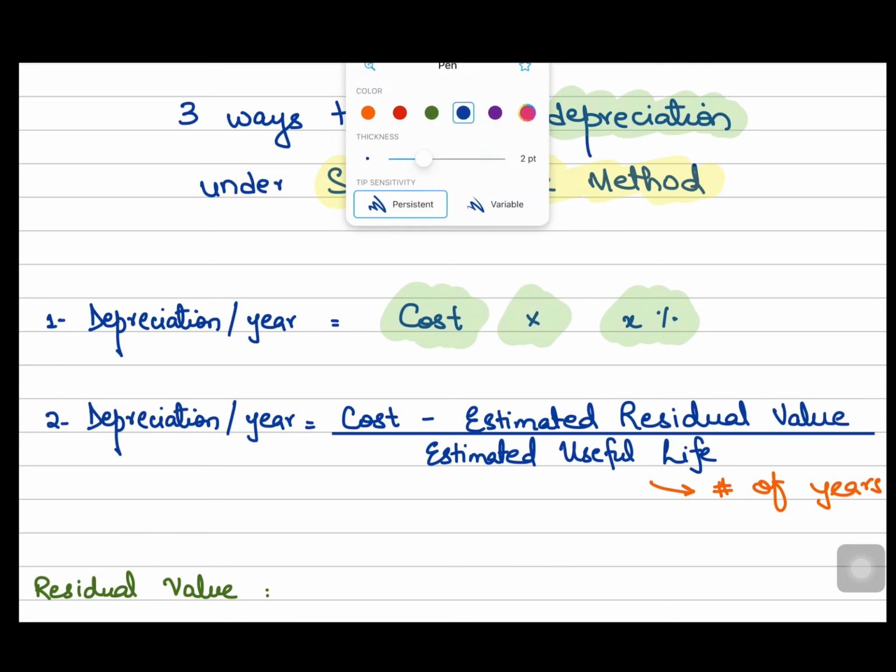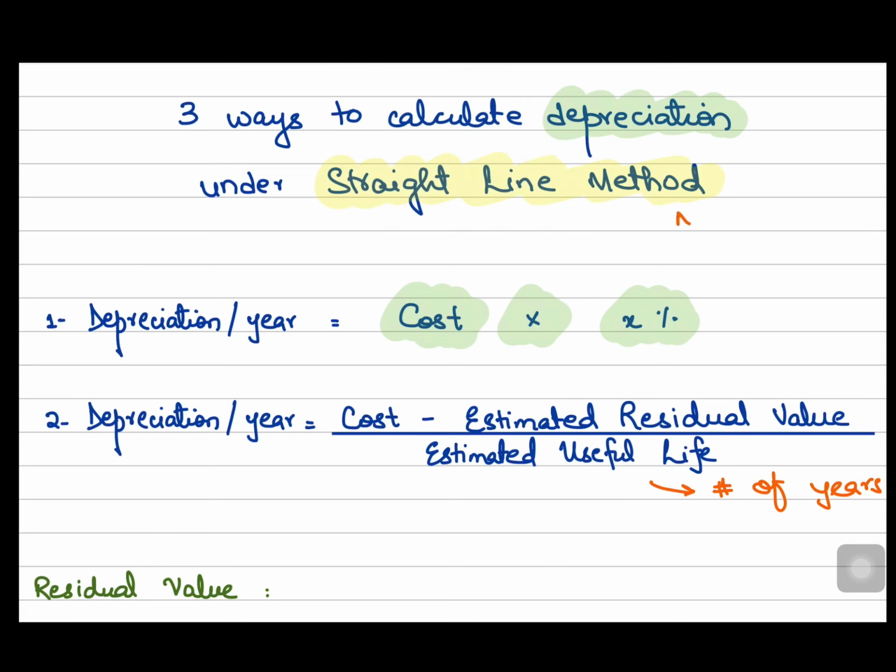So for instance, if I buy a non-current asset with a cost of 70,000, and the business policy is to charge depreciation under straight line method at the rate of 10% every year, how will I calculate depreciation?